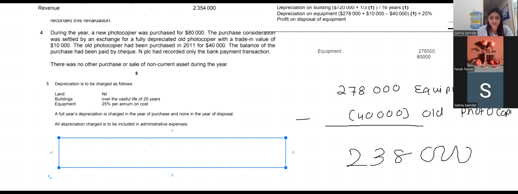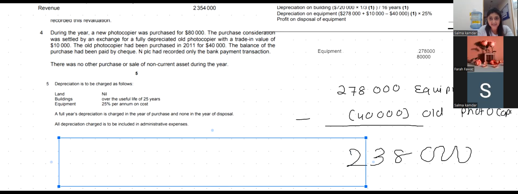So when they're giving the old machine, the old machine is gone and they're getting the new machine and they are giving a trading value of 10,000. So 10,000 extra they are paying. How much extra they are paying?